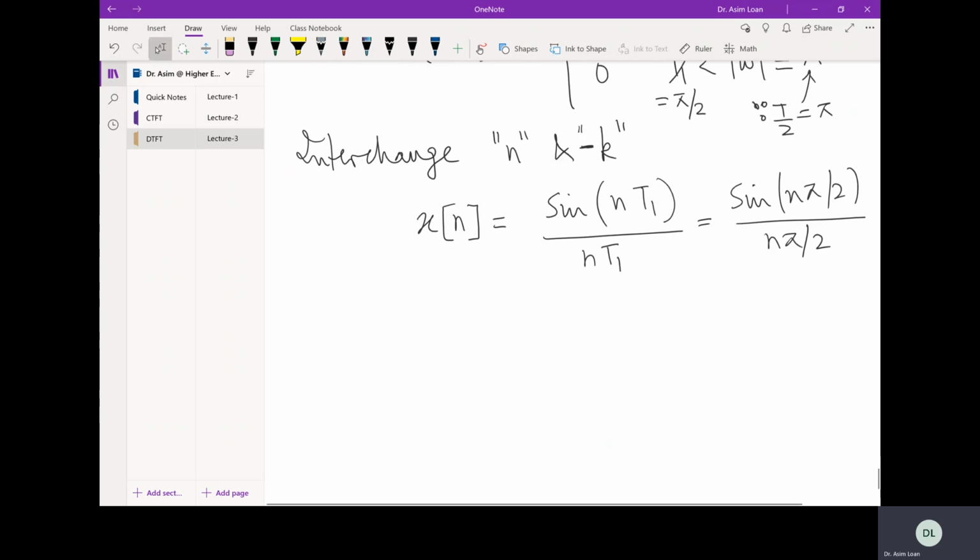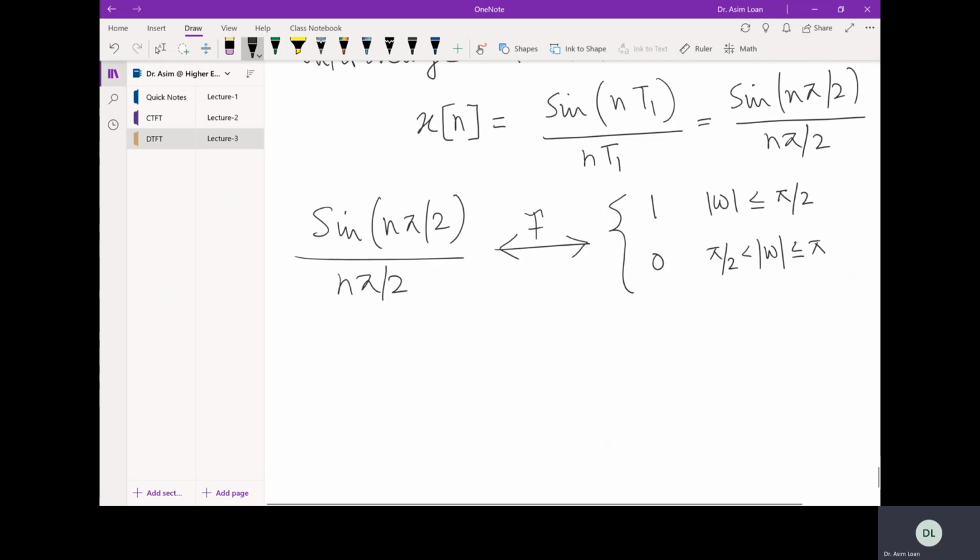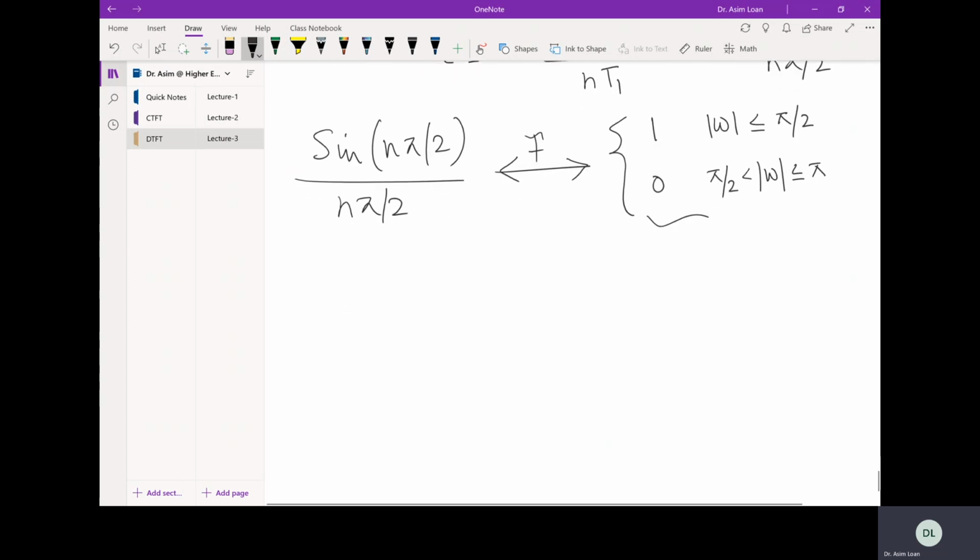You get this one. So our result is sine n pi by 2 over n pi by 2 has a Fourier transform equal to 1 for absolute value of omega less than or equal to pi by 2 and 0 for pi by 2 less than omega less than or equal to pi. If you sketch this, it is simply like this.